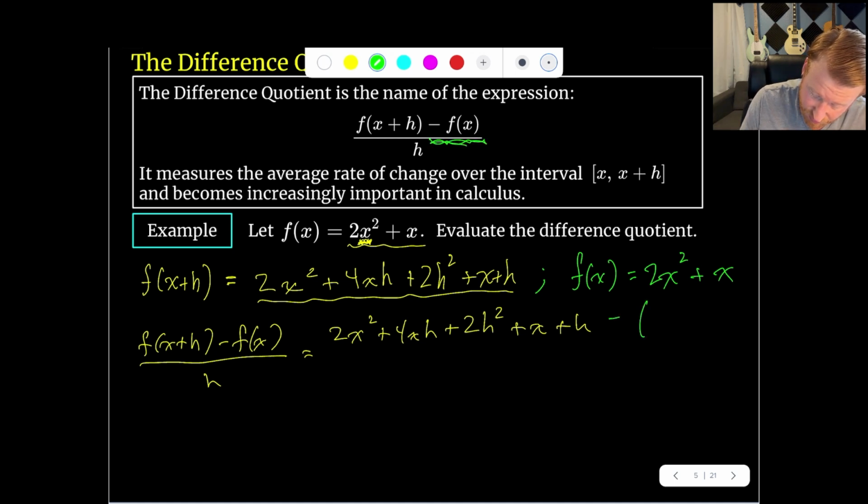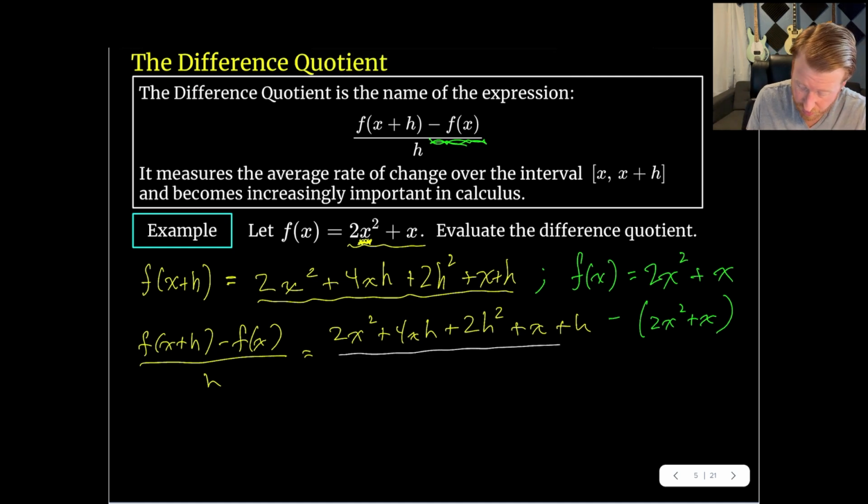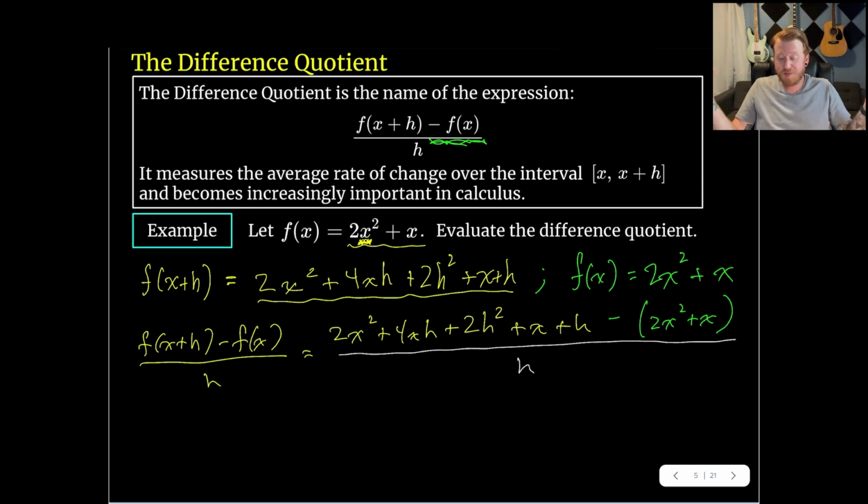So minus 2x squared plus x. And these parentheses are super important here because I'm subtracting off that entire function. So I need to put parentheses, that way I'm subtracting off the entire thing and not just the first term from that f of x. And this is all going to be over h once we are done. Sometimes I'll often just do this numerator by itself and then come back and put it all over h when I'm done, just to save myself a little bit of writing. But for completeness, I'll just put that here for now.